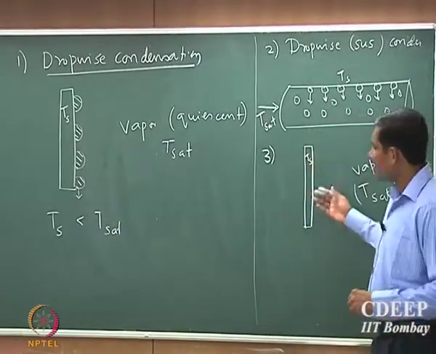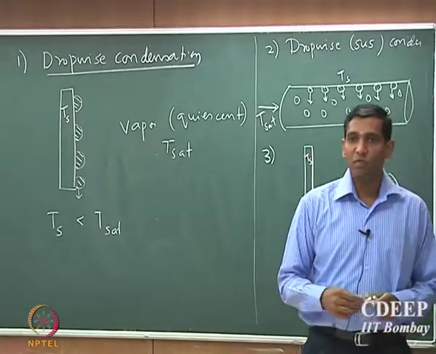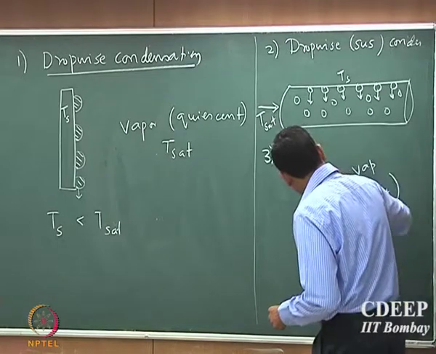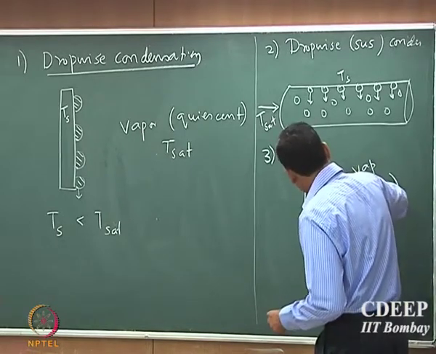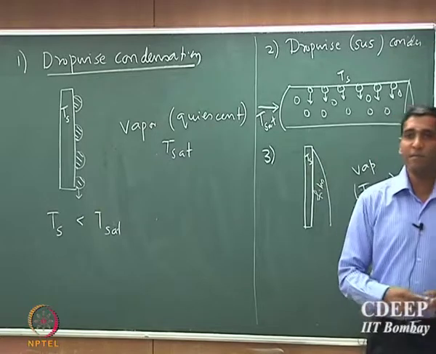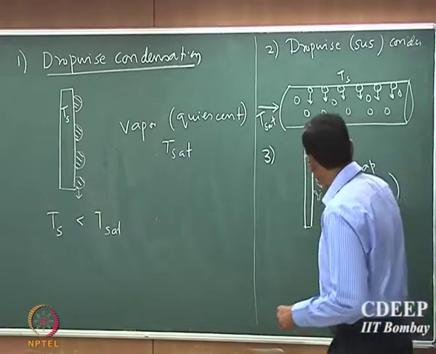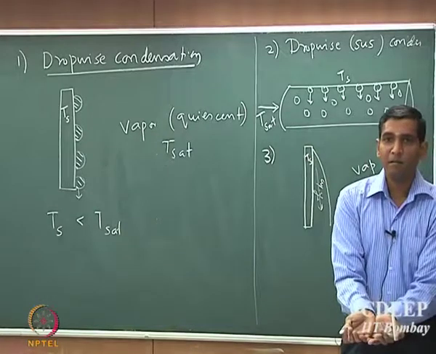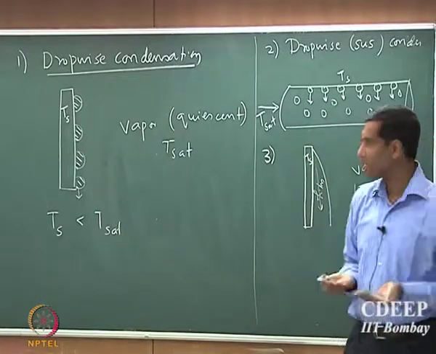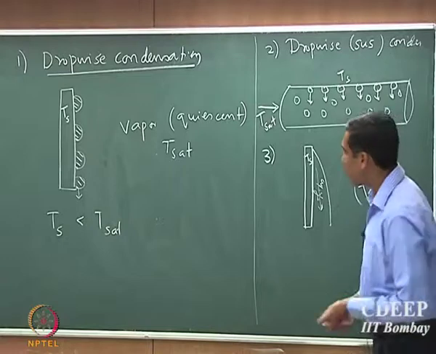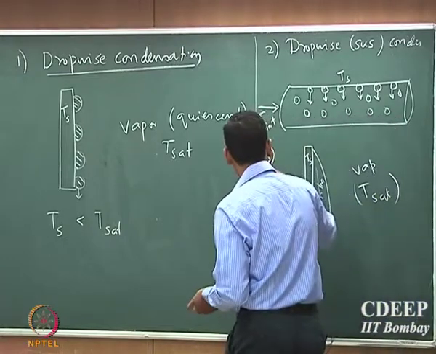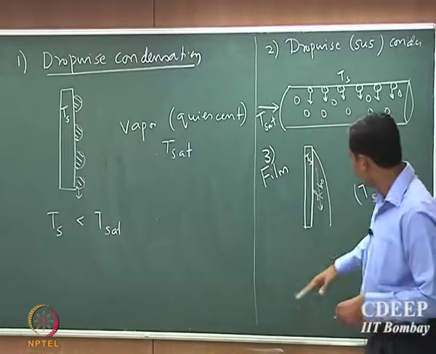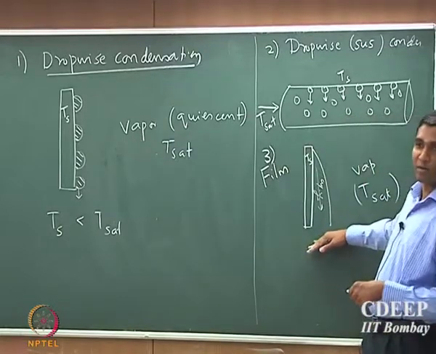Now, the condensation rate will be such that a liquid film is formed here, and the liquid film will start moving, and then the condensate is collected at the bottom of that wall. So, that is the third one, the film condensation process. What we are going to see in today's lecture is how to characterize this film condensation process.